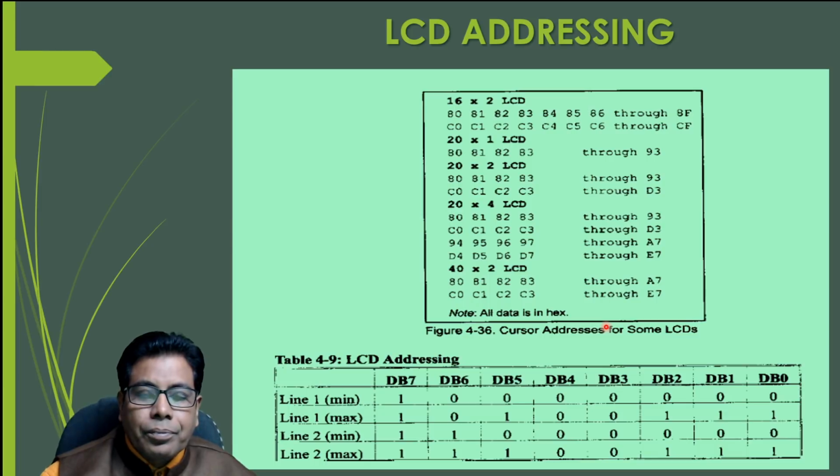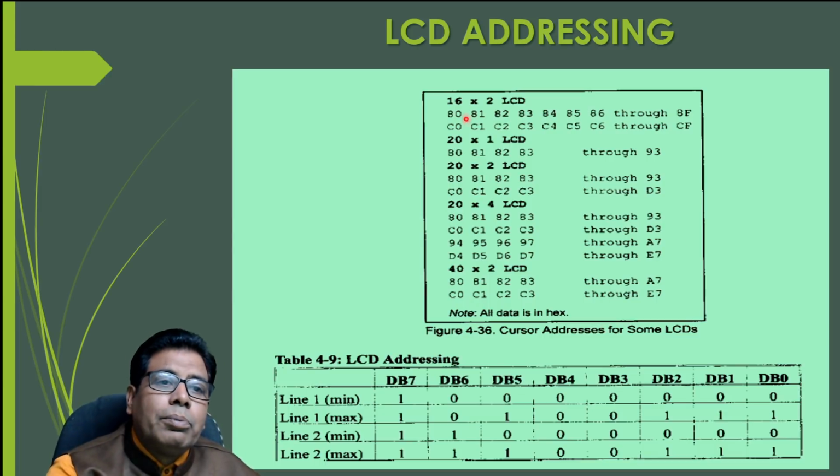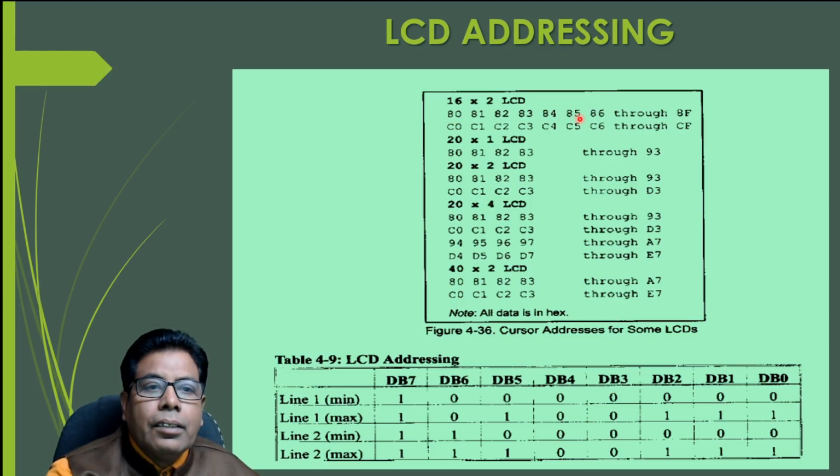We have different types of displays, 16 by 2, then 20 by 1, 20 by 2. A 16 by 2 LCD means it has 16 characters in 2 lines. The first line will start with code 80, then next will be 81, 82, and so on up to 8F.